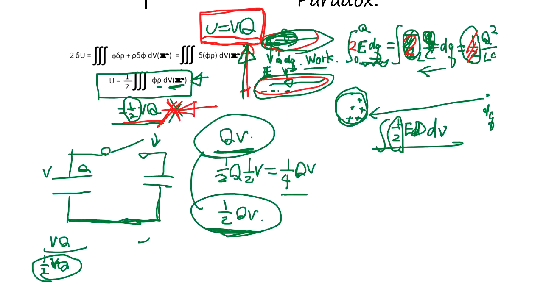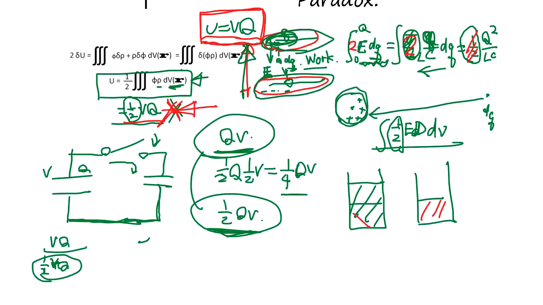Well, actually you have to realize that energy is lost when the current flows here. Just like, say, you have this much water in a tank, and you move half to here, and you have only half left. Are they the same energy?